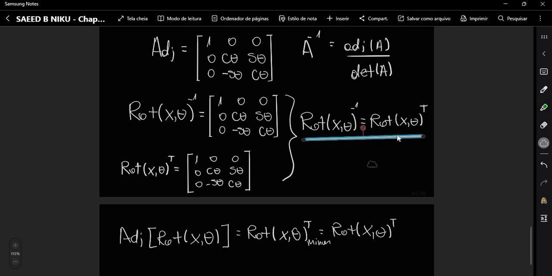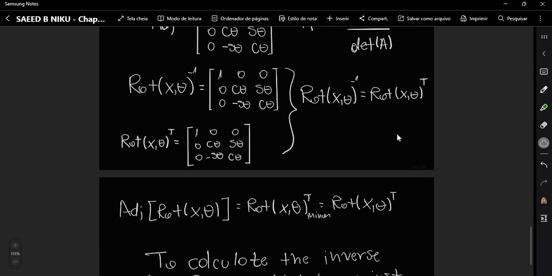We can calculate the inverse of a rotation matrix just by transposing. If we transpose the original rotation matrix, we obtain its inverse, and this is valid only for a simple rotation matrix.